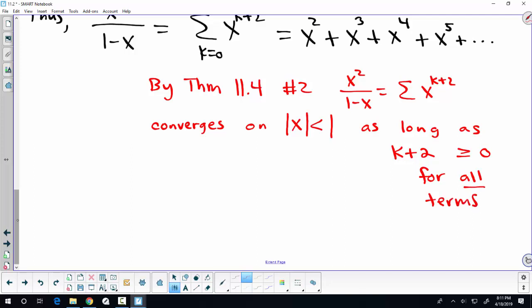K starts at 0. Is k plus 2 larger than or equal to 0 for all terms?